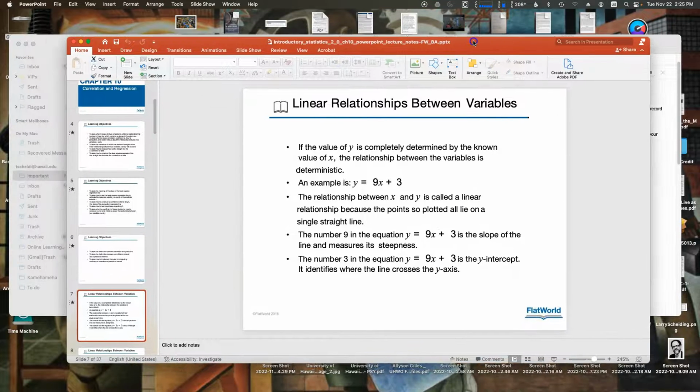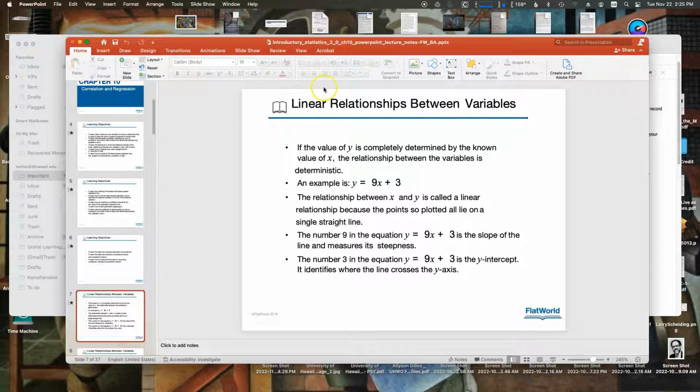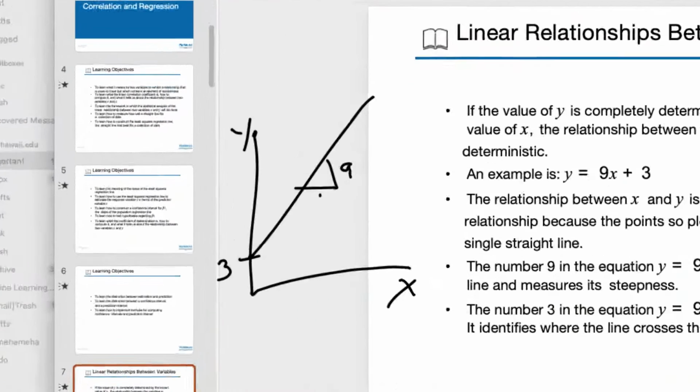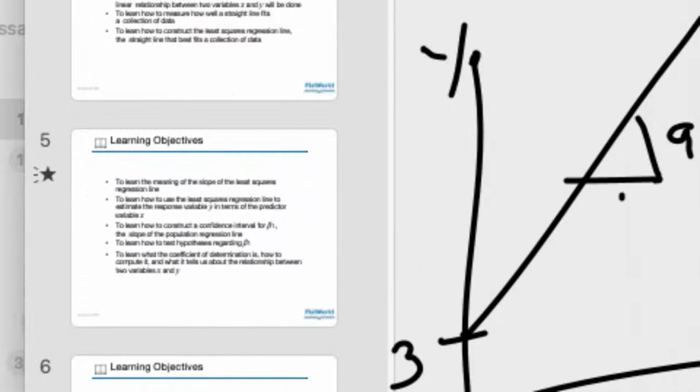So basically, if we were to graph this out, it would be starting at 3, where that's y and that's x, with a slope of 9.